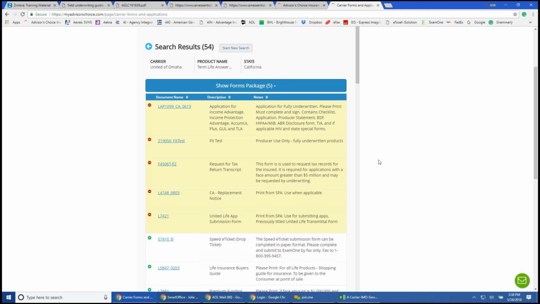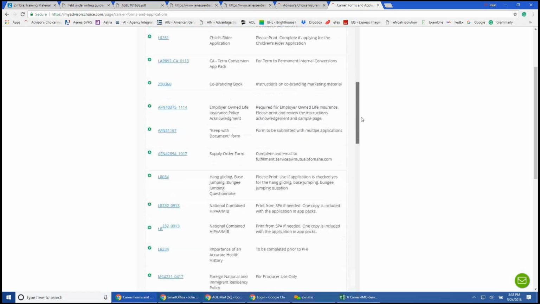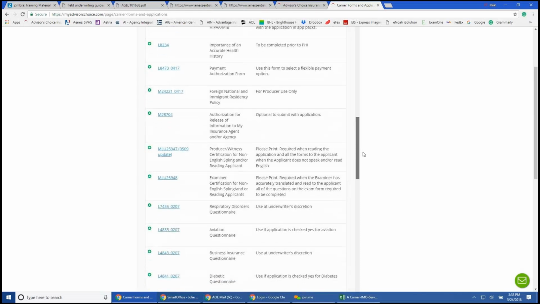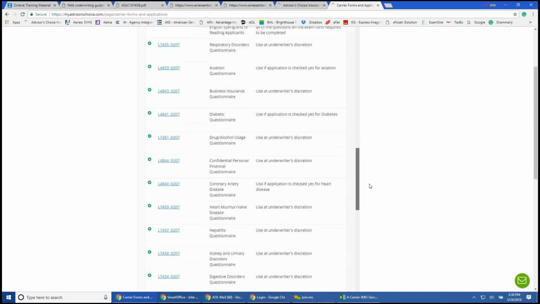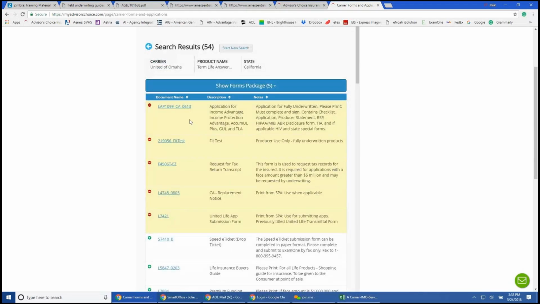But there are always situations where certain forms are needed, based on travel, or if it's going to be a trust, or if they do any type of hazardous activity or anything like that. So in the application kit, here's the kit.